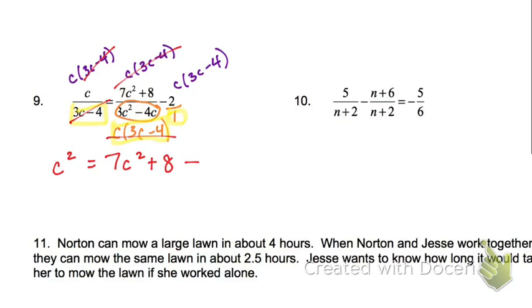And does anything get canceled on the last one? No, so I'm going to multiply this by -2. So -2c, 3c minus 4. So try solving this one for c.